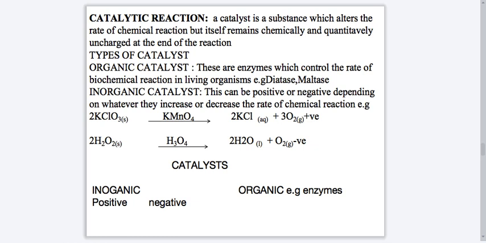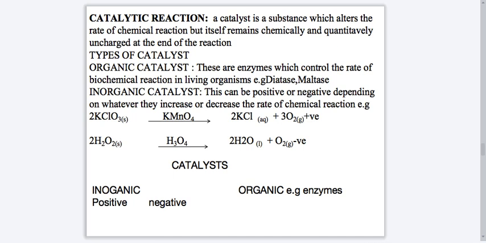Another type of catalyst is referred to as inorganic catalyst. That's the one that is manufactured in the laboratory, the one that does not occur in nature, which we can refer to as artificial. So this one can be a positive catalyst or a negative catalyst, depending on whether it increases or decreases the rate of reaction.